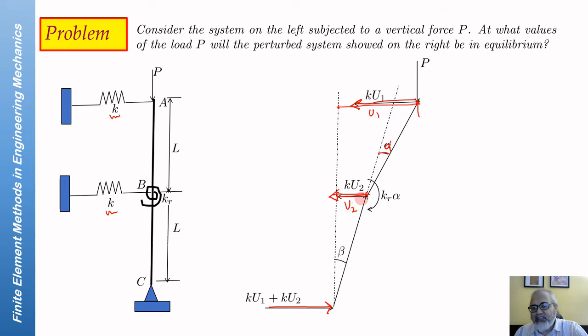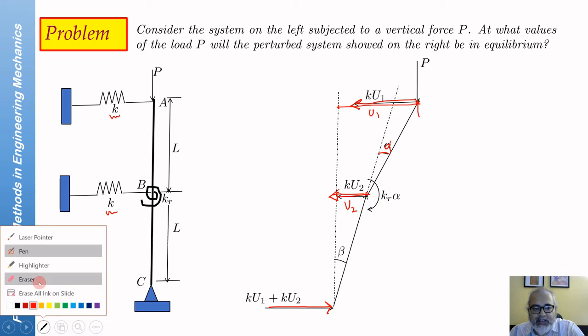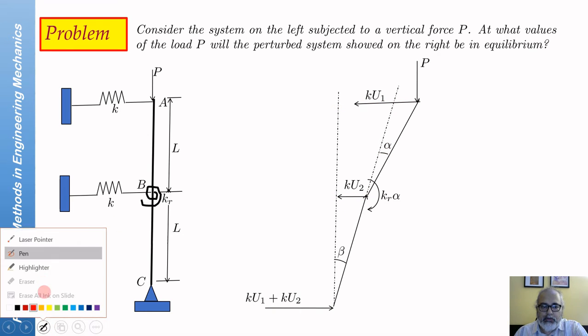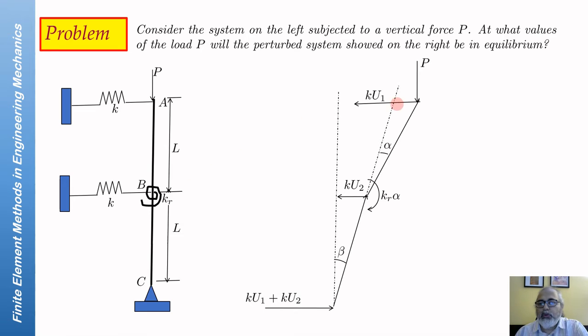Now, under the action of these forces, it's going to be in equilibrium, but we will take the energy route, and what we are going to look at is the total potential energy, which is strain energy stored minus the potential of the loads.